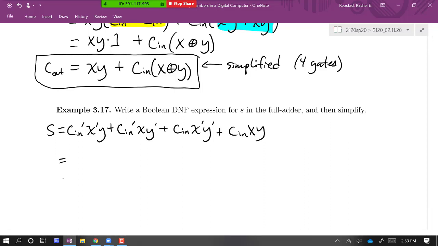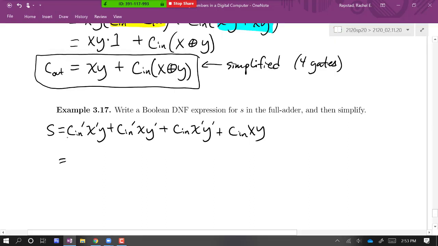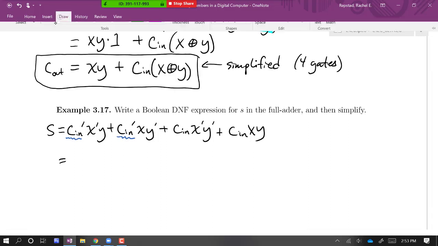So I'm going to group these. I think they're already written in the order I would like to see them in. If I look at this first pair, the first two, I've got a carry-in naught that's common to both of those. We could take that out.